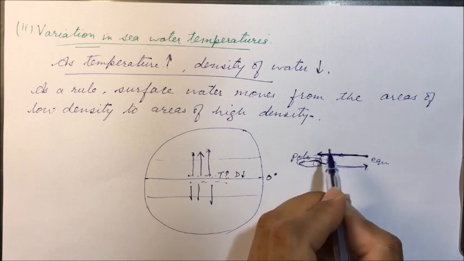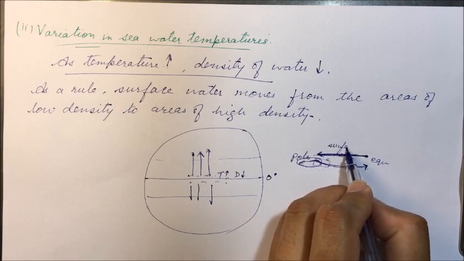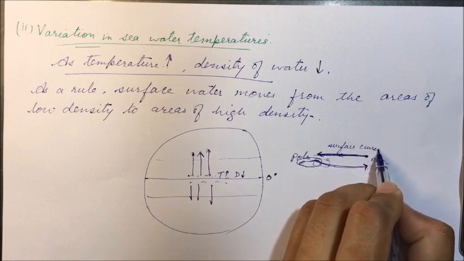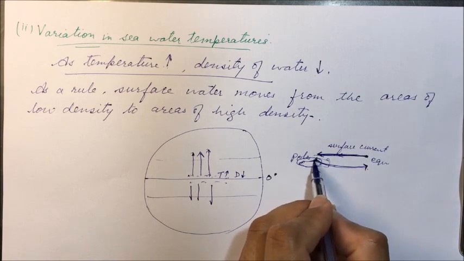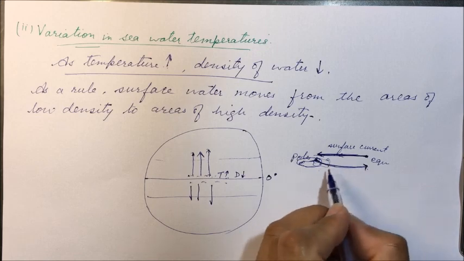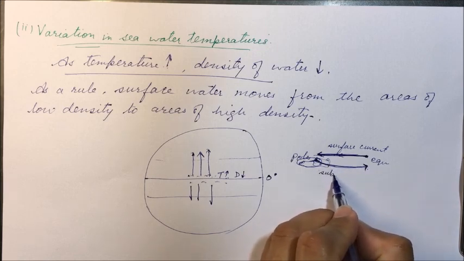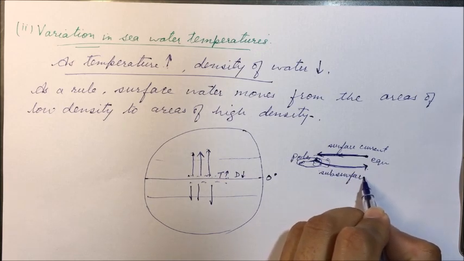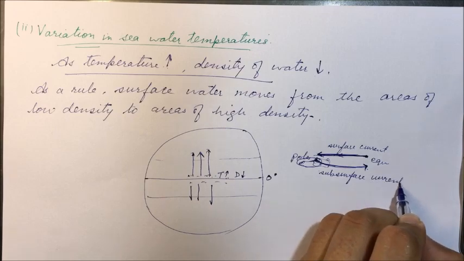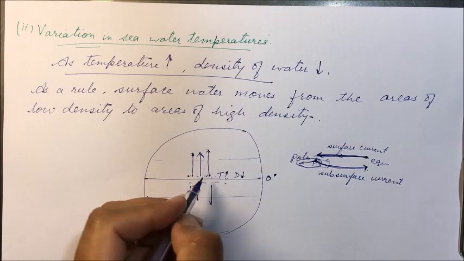So this is called our surface current. And dense water from colder region will move beneath the surface. This will be called as subsurface current.